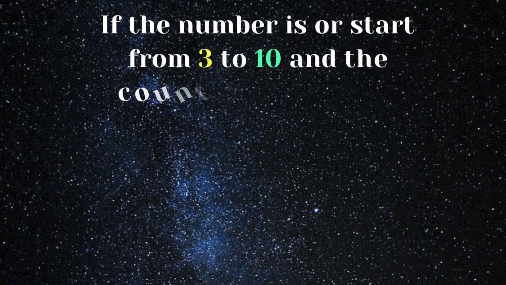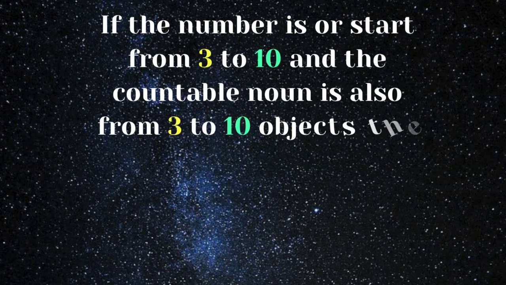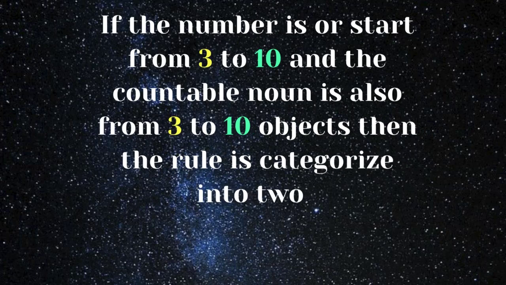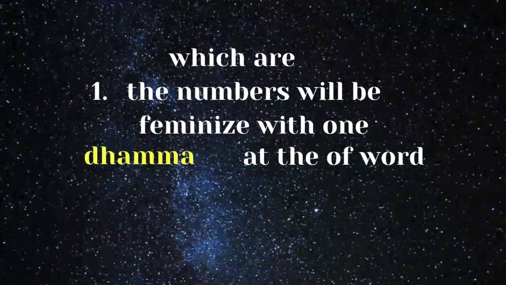If the number starts from 3 to 10 and the countable noun is also expressed in 3 up to 10 objects, then the rule is categorized into 2.